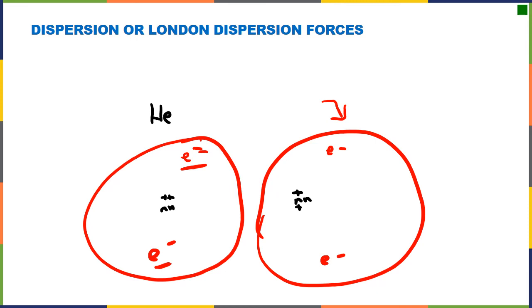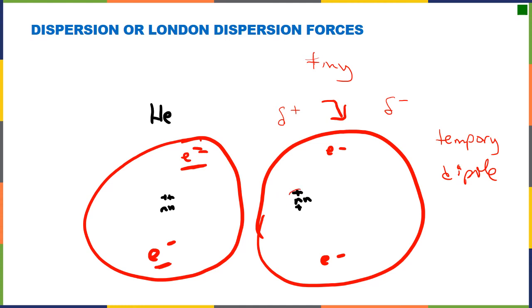So what does this mean? This means we have a tiny, and when I say tiny, I mean tiny, partial positive and partial negative. This is a temporary dipole. Now note, something that's very polar can actually do this to a molecule or an atom, but they can also do it on their own. And this helium is doing it on its own.